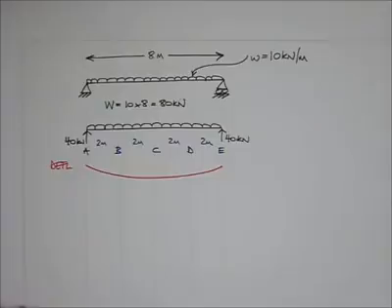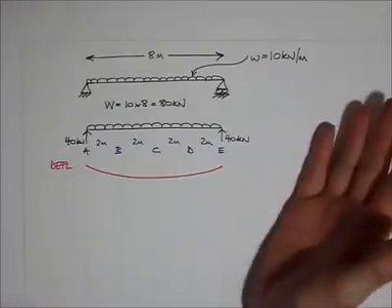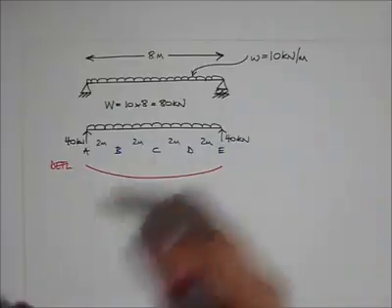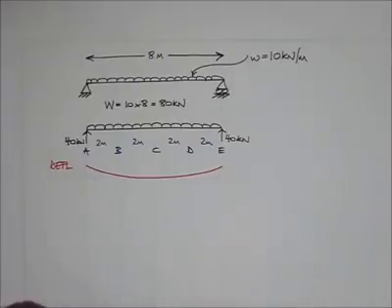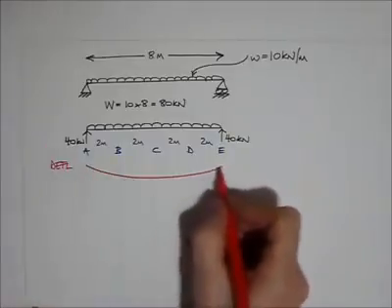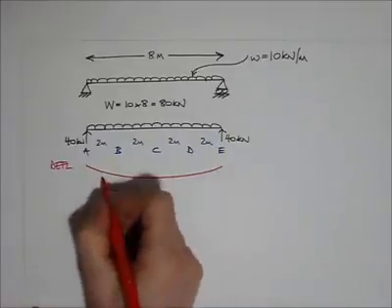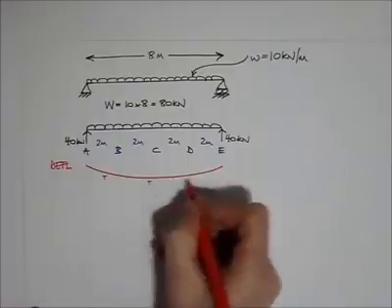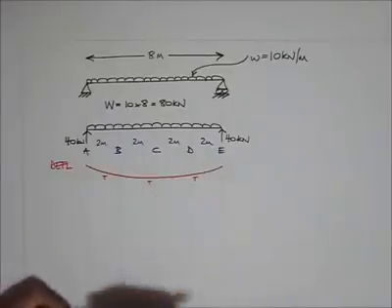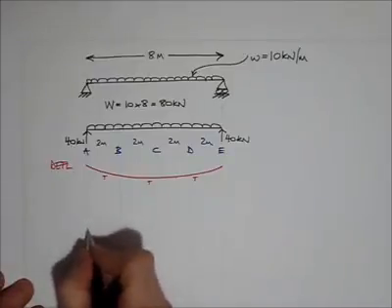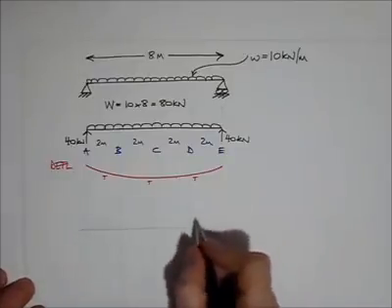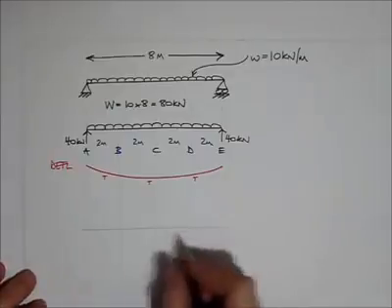I'm going to draw the bending moment diagram. I always draw the bending moment diagram on the tension face of the beam, and I have to think to myself, if the beam's sagging down like this, which face is in tension? Well, I think it's the bottom side of the beam that's in tension, so I'm just going to draw a few T's along the bottom here to remind me of that. So when I put down the datum for my bending moment diagram, let's draw the datum here, I'm going to be drawing the bending moment on the underside of the beam.